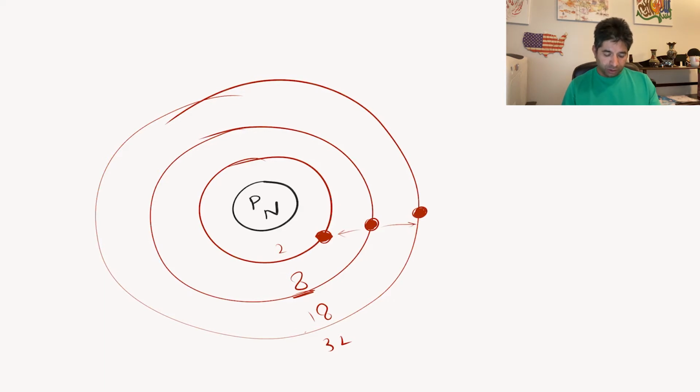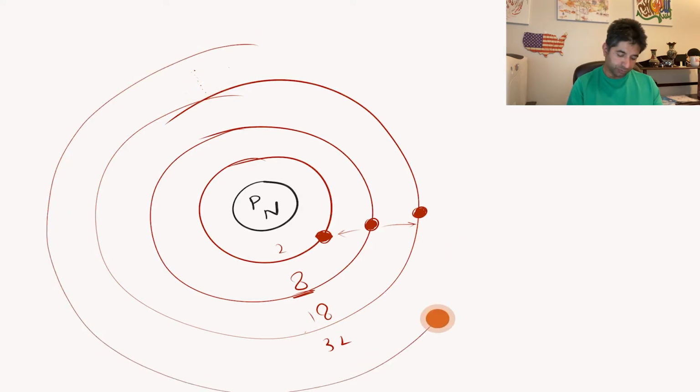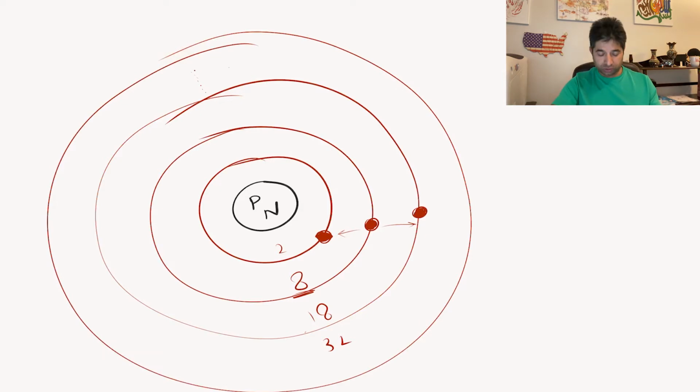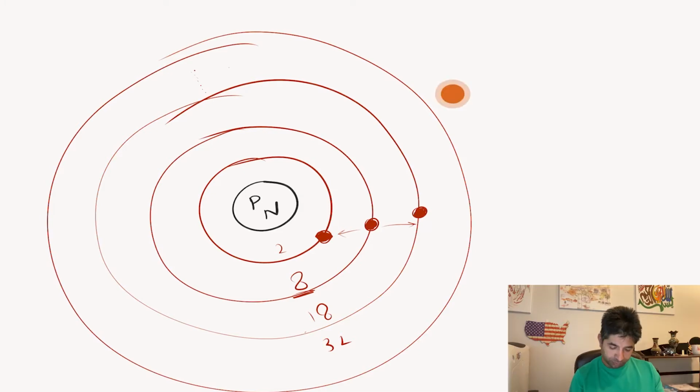Then another important concept is the valence shell. The valence shell is the outermost shell, and the electrons that stay in that shell are called valence electrons. Valence, V-A-L-E-N-C-E.